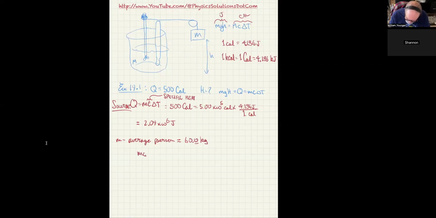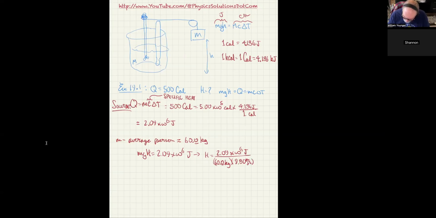Therefore, mgh equals 2.09 times 10 to the 6 joules means that h is equal to 2.09 times 10 to the 6 joules divided by 60 kilograms times 9.80 meters per second squared.